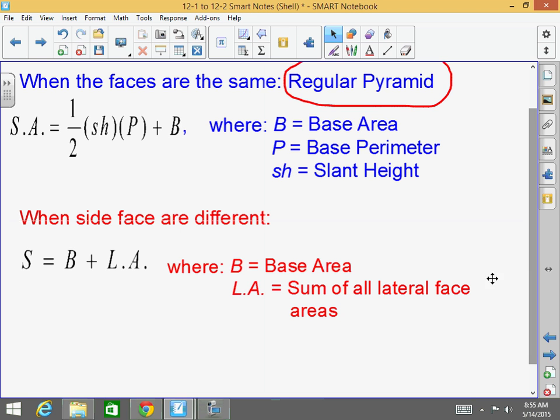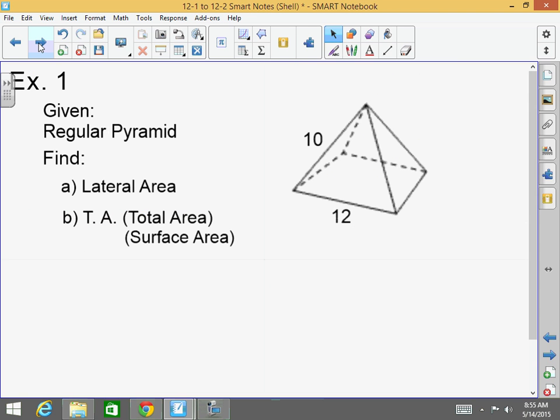All right, let's do this. Example 1. Given a regular pyramid. So we know that the base is regular here. I want you to find the lateral area, and then I want you to find the total area.